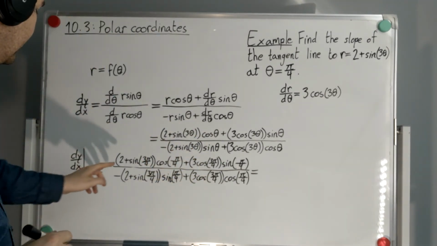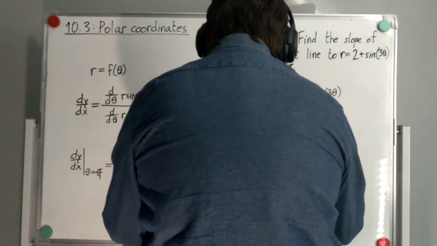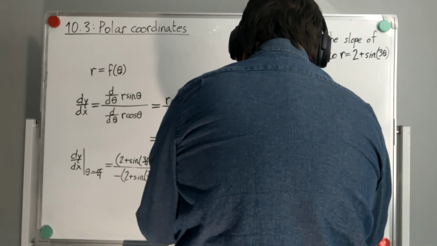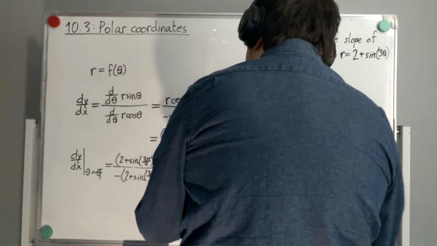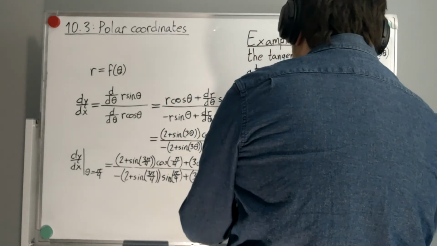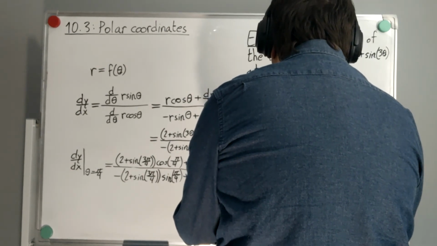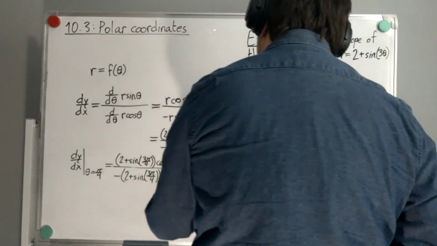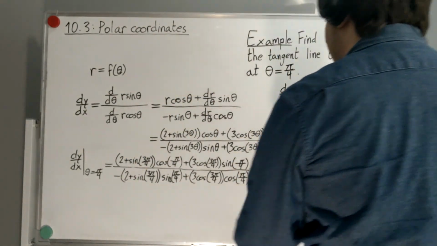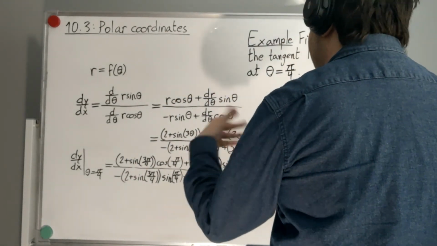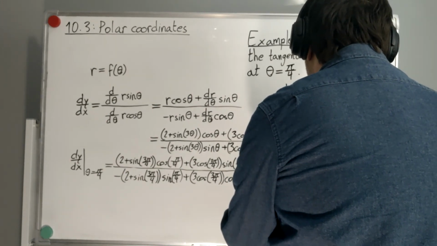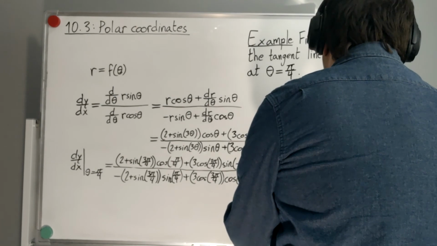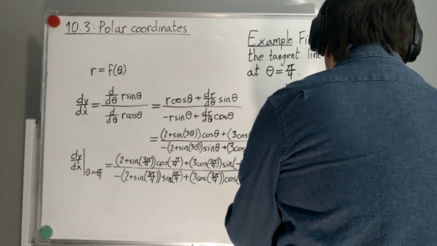Right then, so where were we? So the first becomes 2 plus root 2 over 2 times cosine of pi over 4, that's root 2 over 2, plus 3 cosine of 3 pi over 4, which is negative 3 root 2 over 2, times sine of pi over 4, which is root 2 over 2.